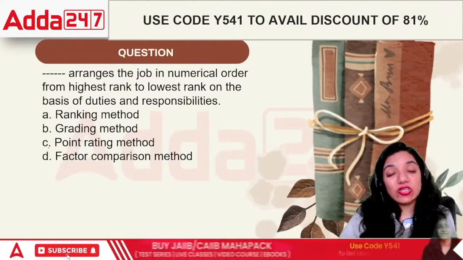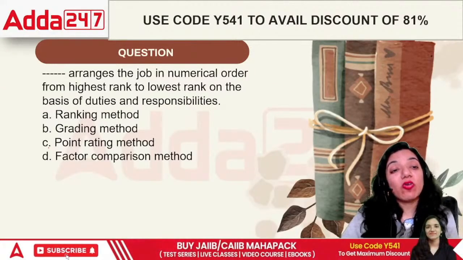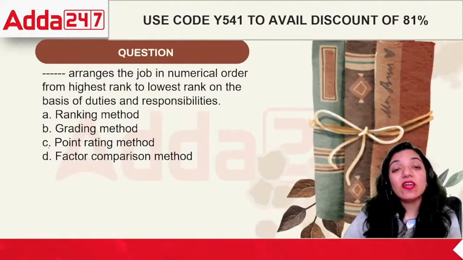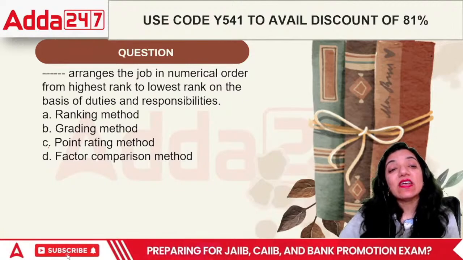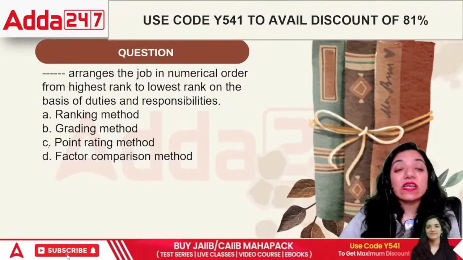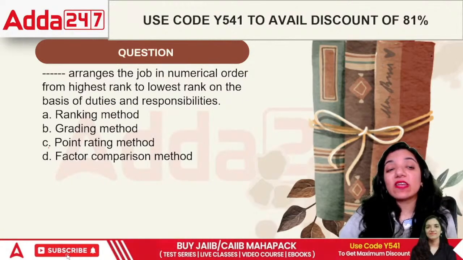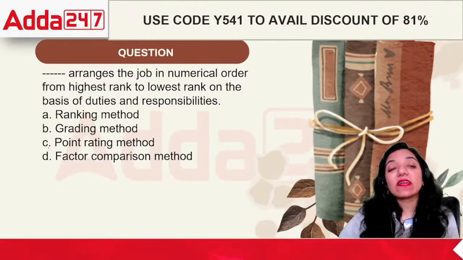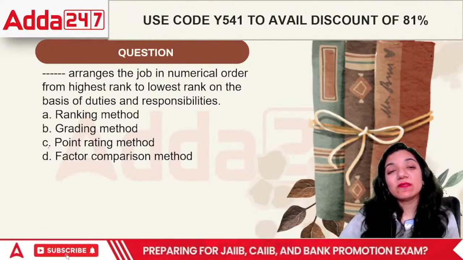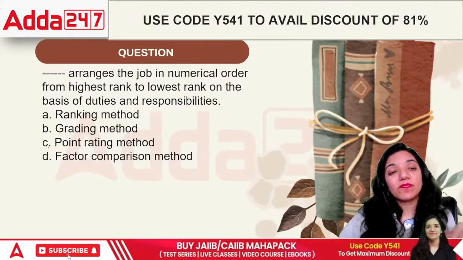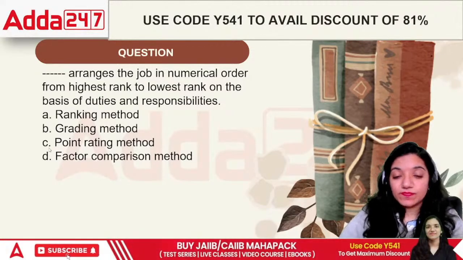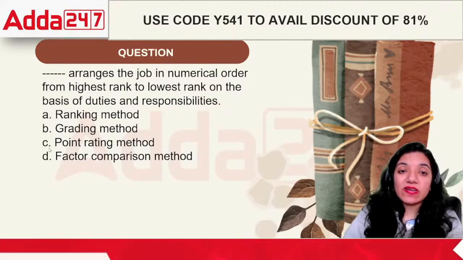Then, dash arranges the jobs in numerical order from highest rank to the lowest rank on the basis of duties and responsibilities. Is it the ranking method, grading method, point rating method, or factor comparison method? What would be the correct answer, everyone?